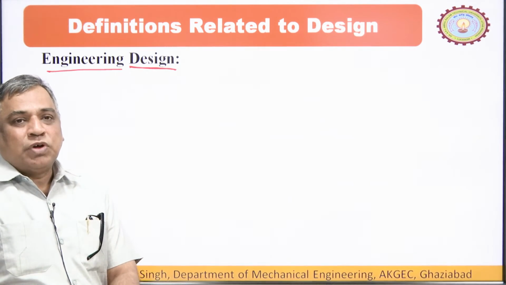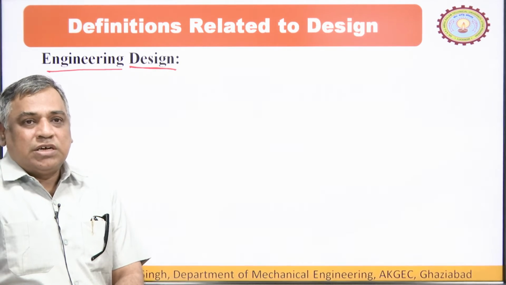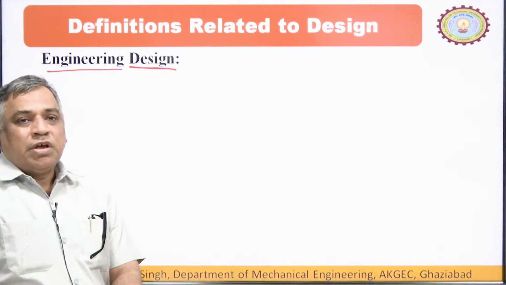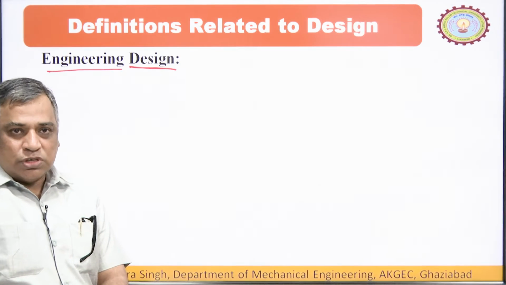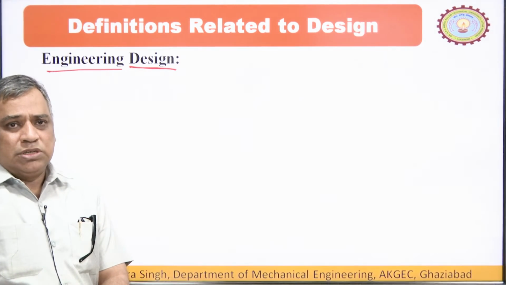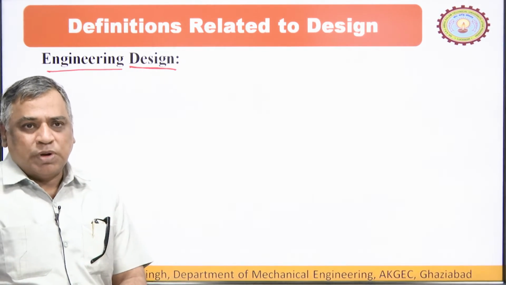In fact, when we define engineering design, it is the solution or the plan created to convert the available resources optimally into devices, processes, systems, etc., to solve the problems faced by human beings.